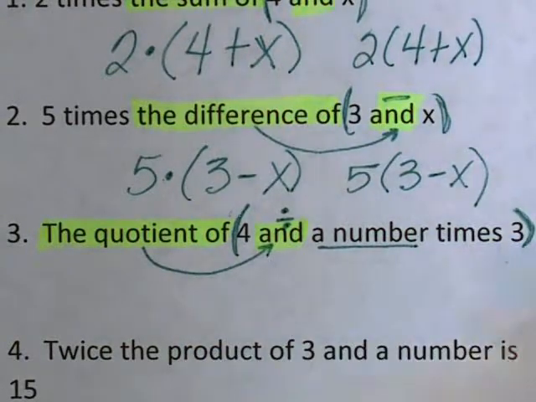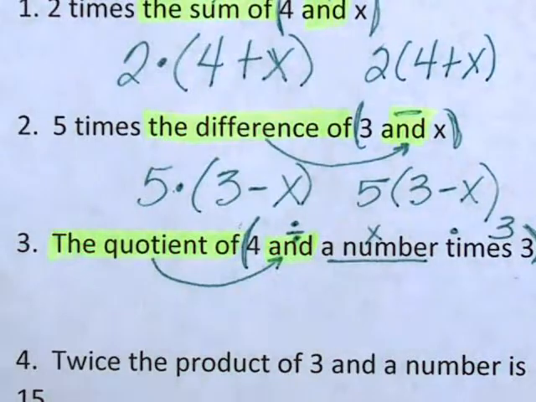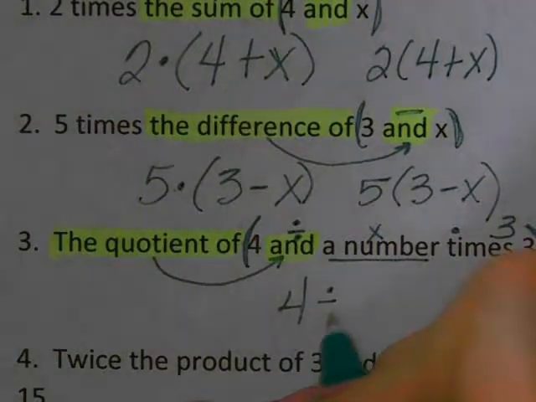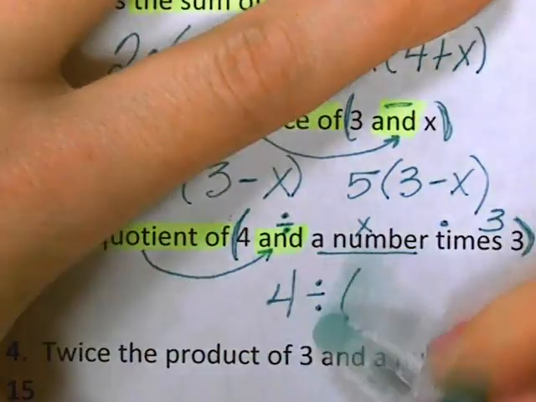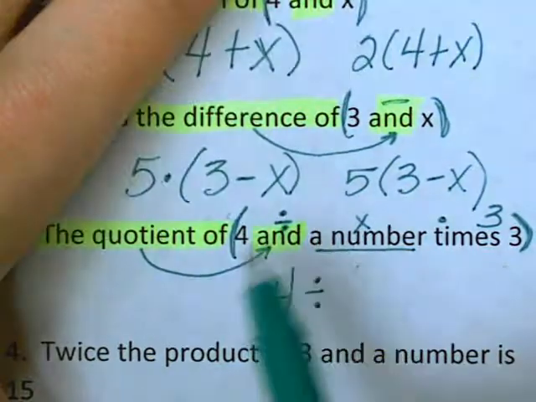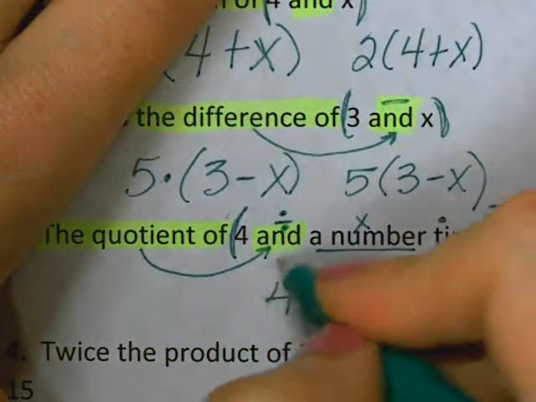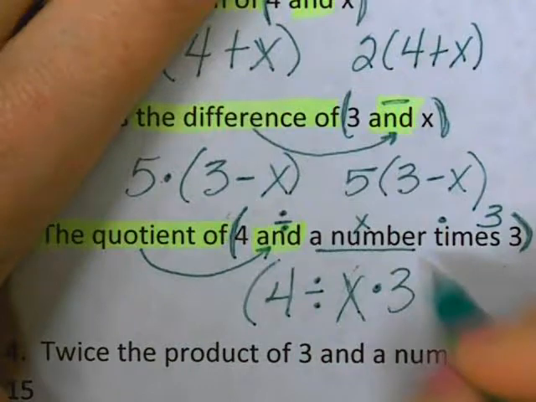And when you see that phrase, a number times 3, that's going to be x times 3. So we're going to say parentheses 4 divided by x times 3.